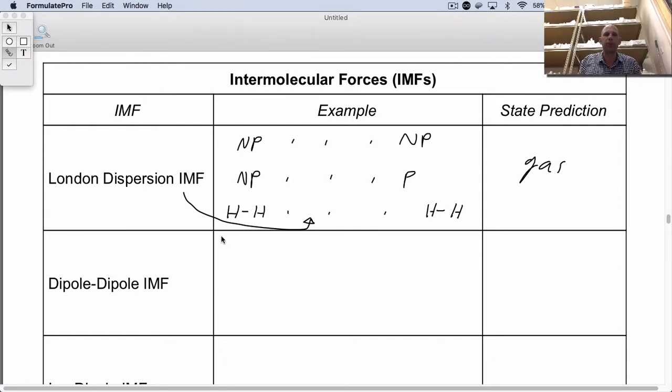Now, dipole-dipole is a different story. This is between a molecule that is polar and another molecule that is polar, and we're going to see those strong dipole interactions. And just as the name would have it, we have dipoles present. So a standard example would be water. Since water is a polar molecule, that's partial negative, that's partial positive.